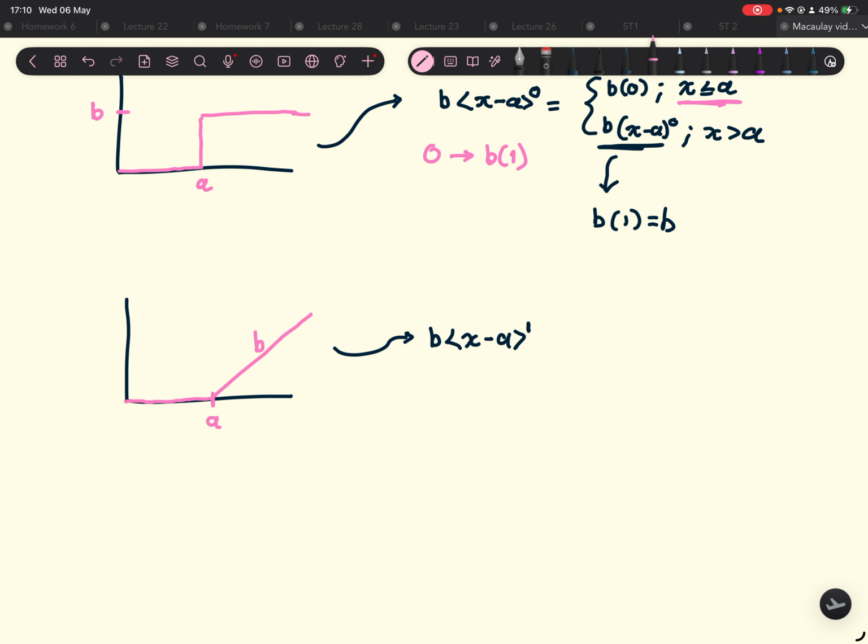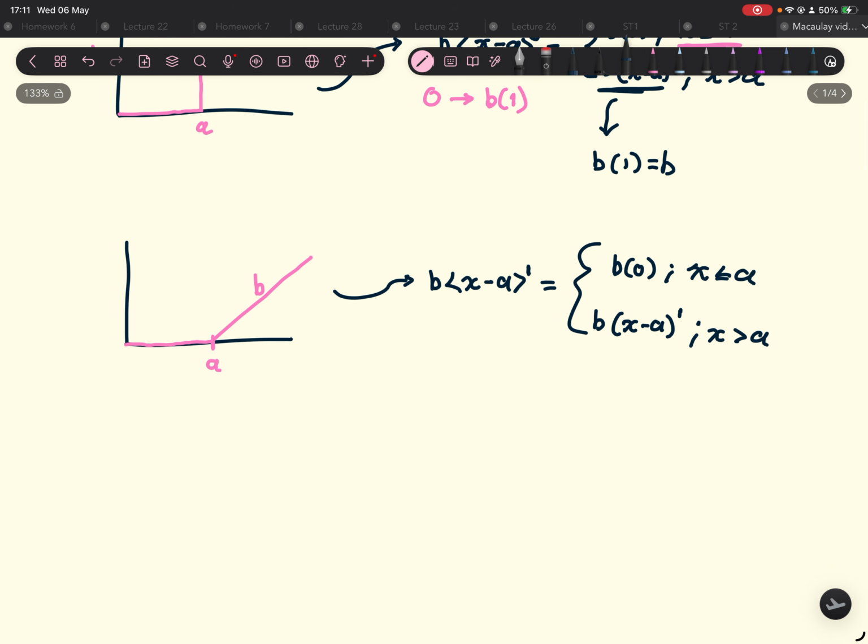So in essence, if you simplify this, you're going to get b times 0, because this bracket is 0 when x is less than or equal to a. And then you're going to get b multiplied by x minus a to the power 1 for x greater than a.